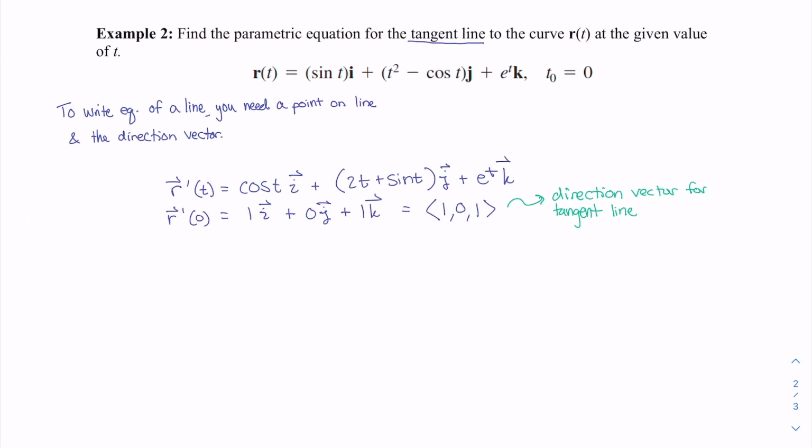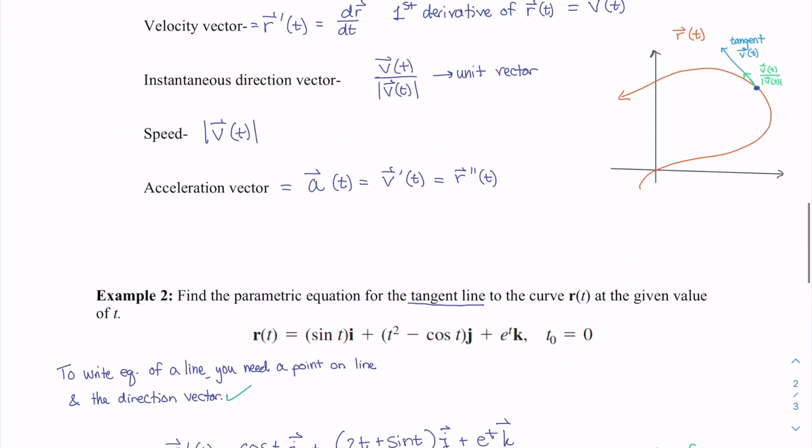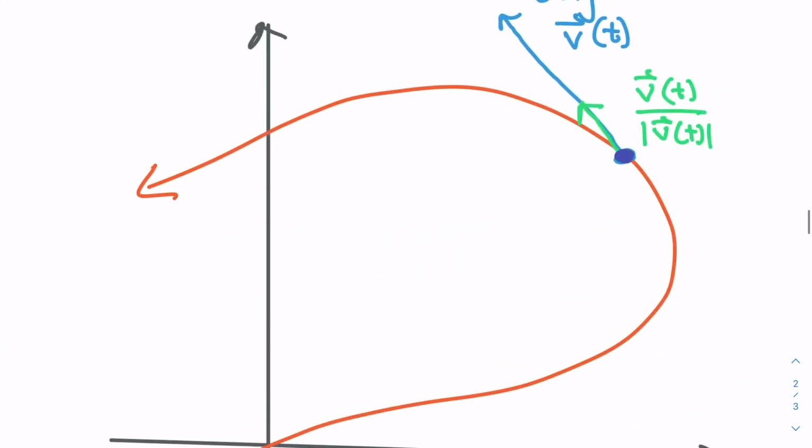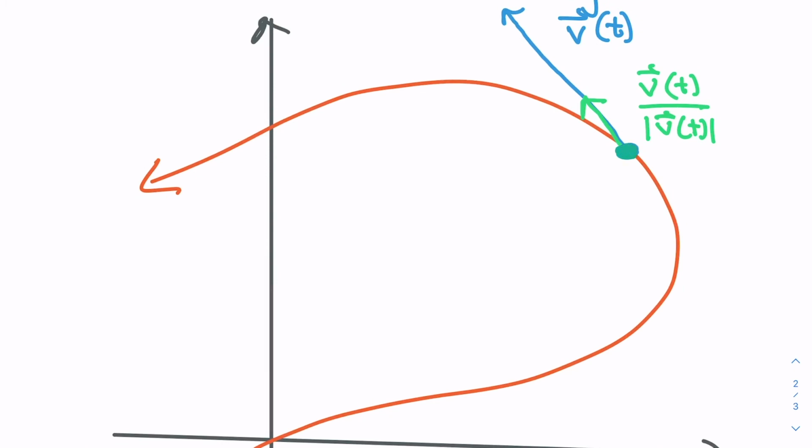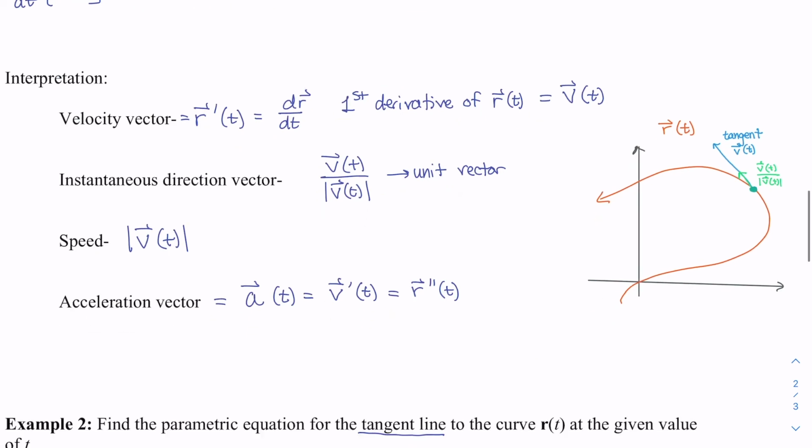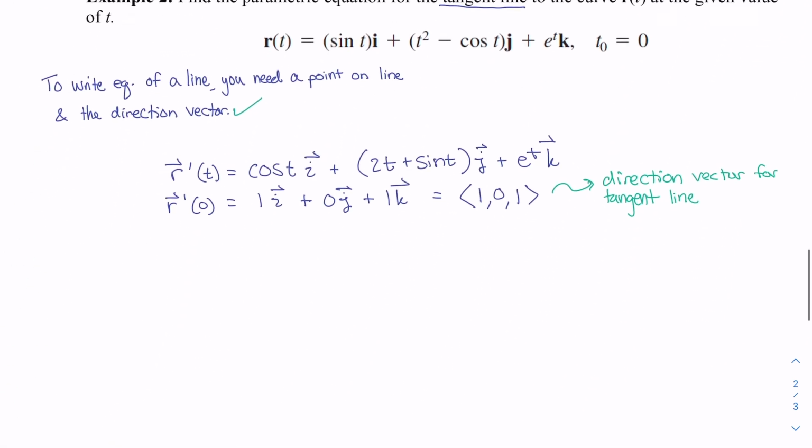So we found the direction vector. Now we just need to find a point that's on the line, and the easiest point to use is just the point on the curve that you're evaluating at. So the point we can use is just r of 0. That will give us the point of evaluation.